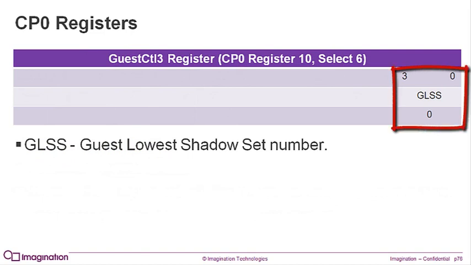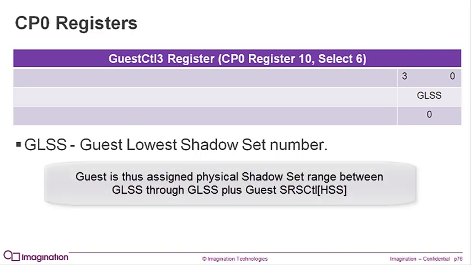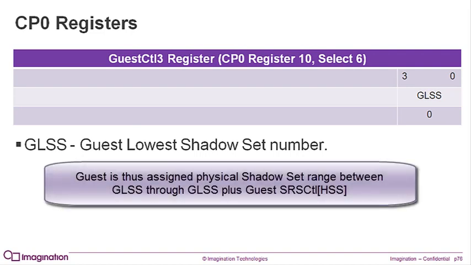Guest lowest shadow set number determines the lowest physical shadow set number associated by the route to the guest. The guest SRS control HSS field is the highest number shadow set for the guest in the guest context.